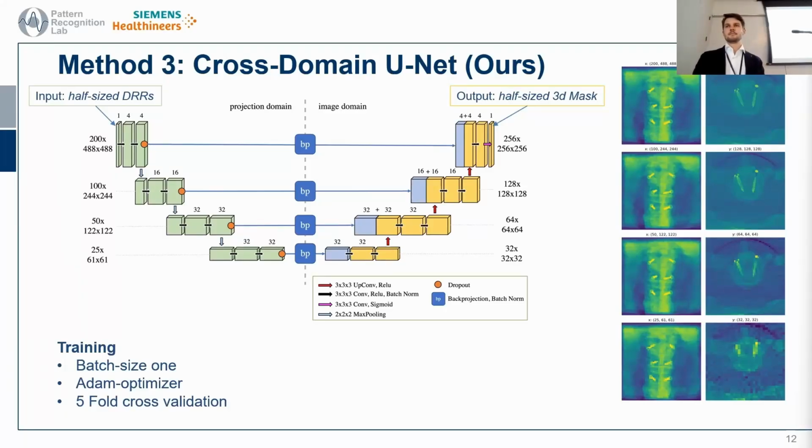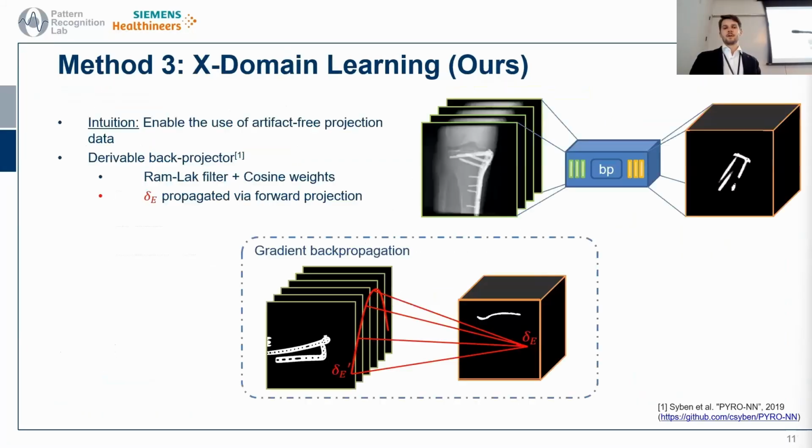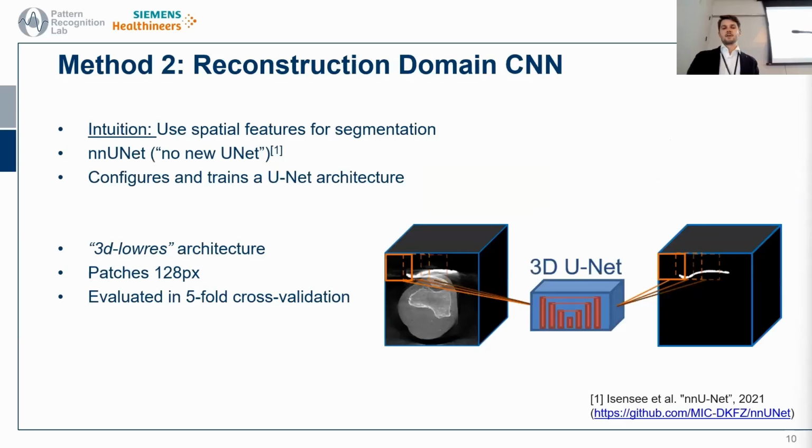Just a question in terms of the inference on the volume taking a long time. Are you inputting the entire volume into your unit or just a section of the volume with the metal in it? Just wondering why inference takes so long. Yes, exactly. So it takes so long because this method works on patches of the volume.